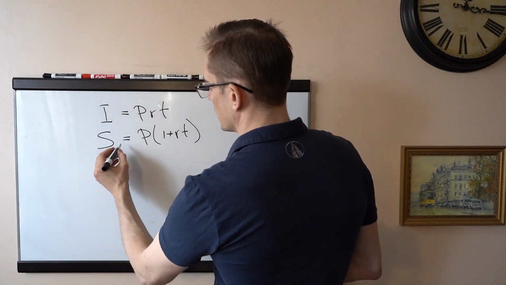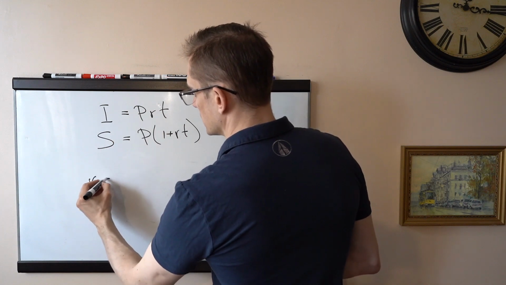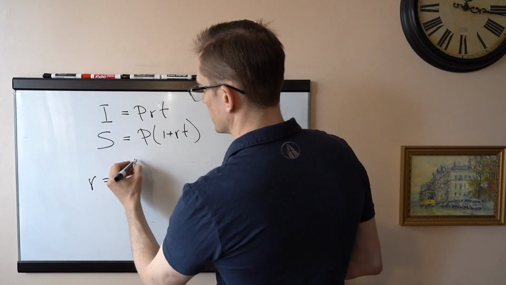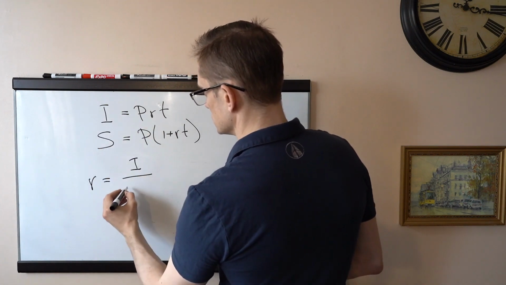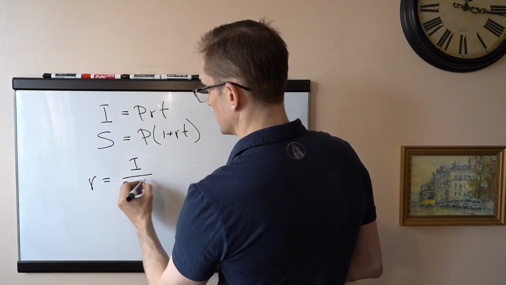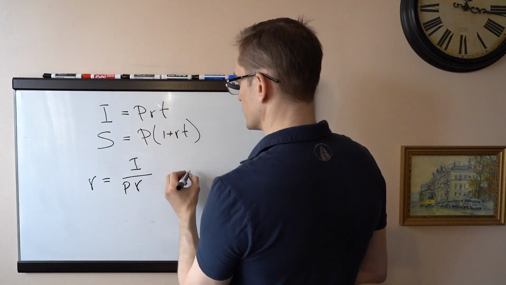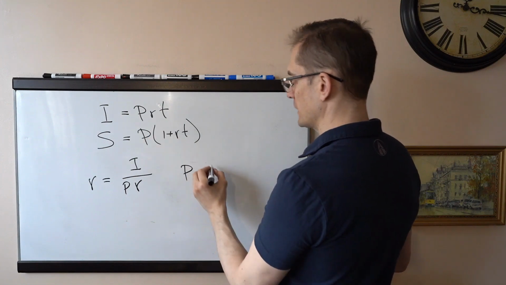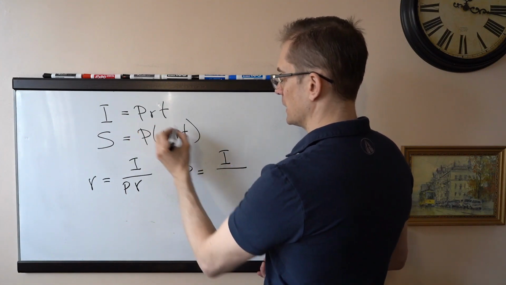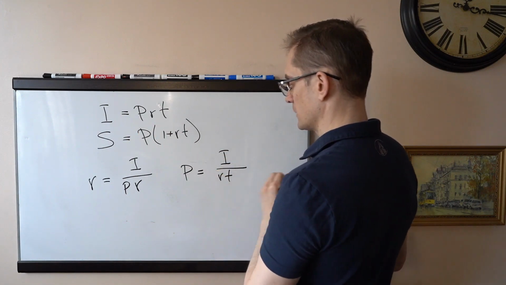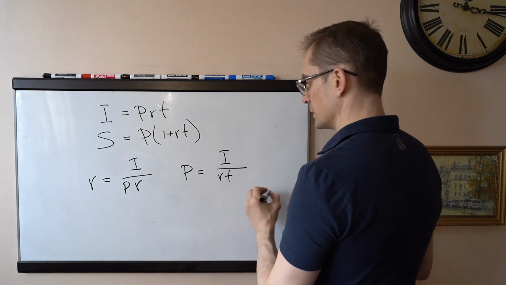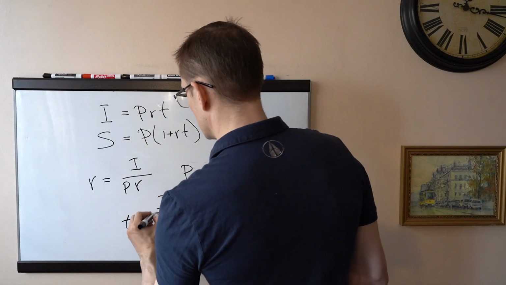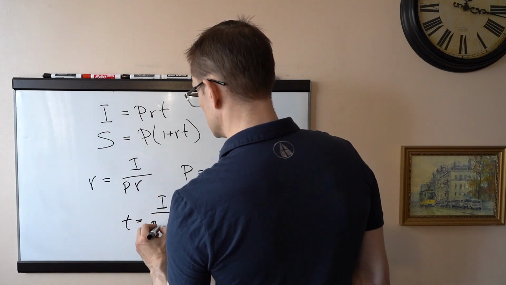The rate can be found by dividing interest by PT. If you want your principal, you take I and divide by RT. If you want time, it's going to be I divided by PR.